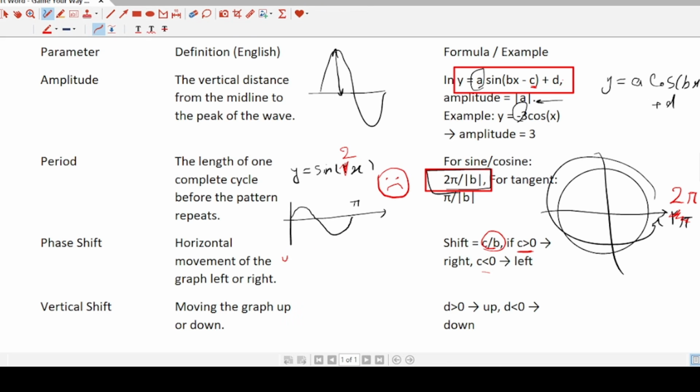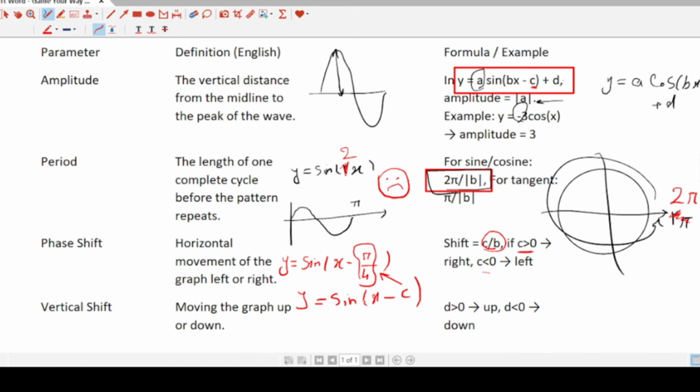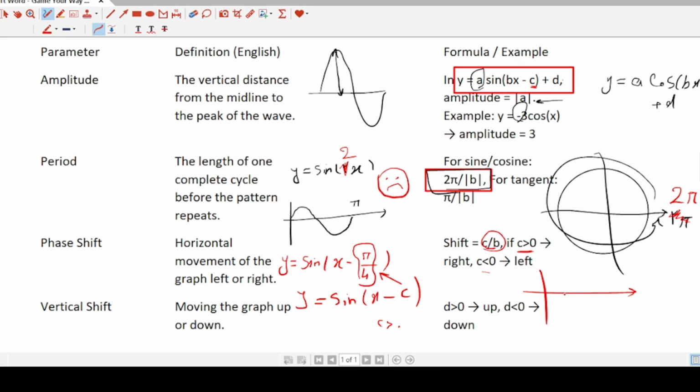That means if we have y equal sine of (x − pi over 4), and we compare it with the formula y equal sine of (x − c), then here c is equal to pi over 4. It will be a positive number.